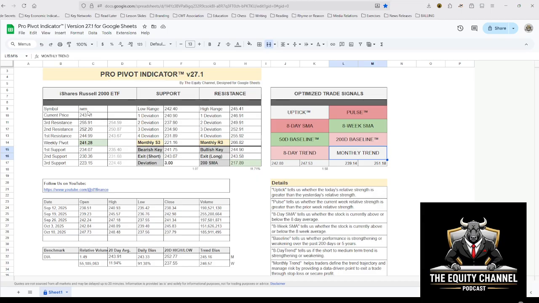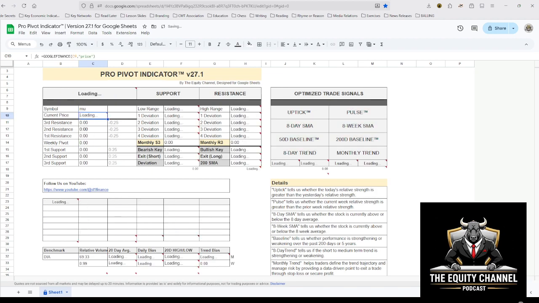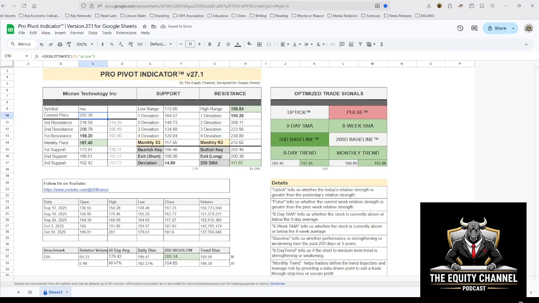Now, let me see if I can find somebody. Let's go with Micron real quick. Okay, so Micron's got both key levels lit up, but they're not bold. That means we didn't close outside of those levels, but that's fine.